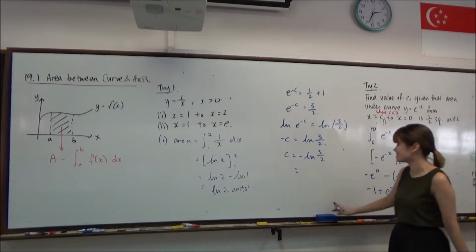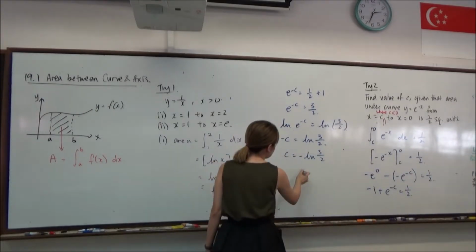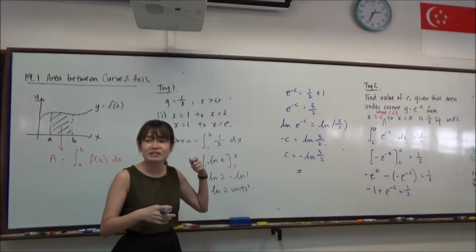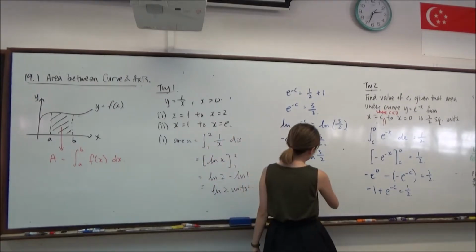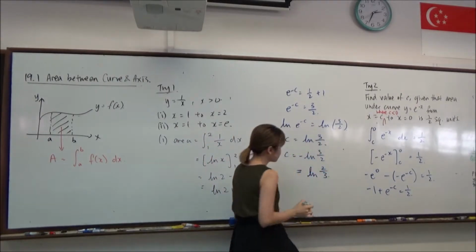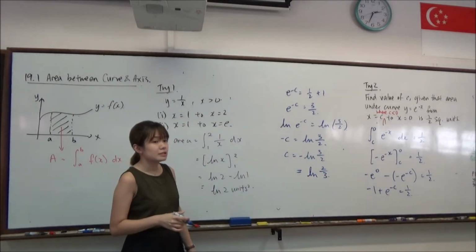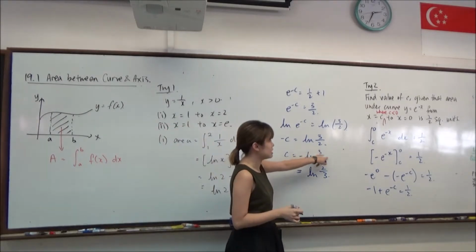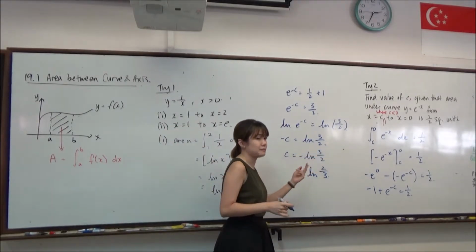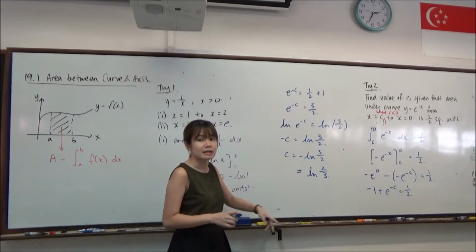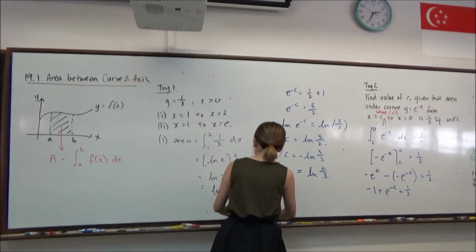Ln 2 over 3 also, right? They are the same, because this whole thing is to the power negative 1, so you can flip. Of course either answer is accepted.